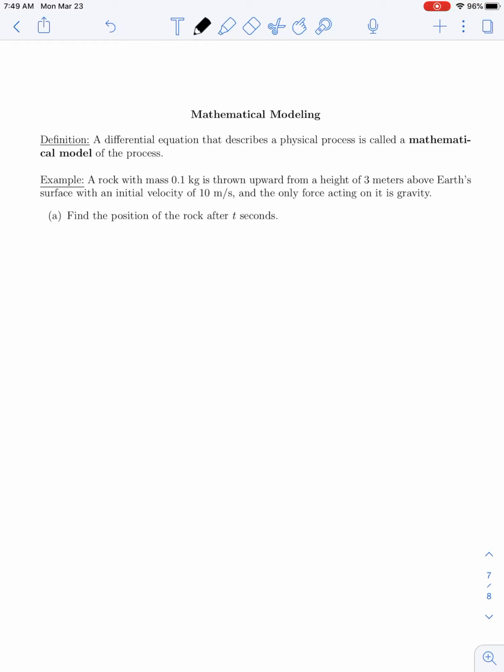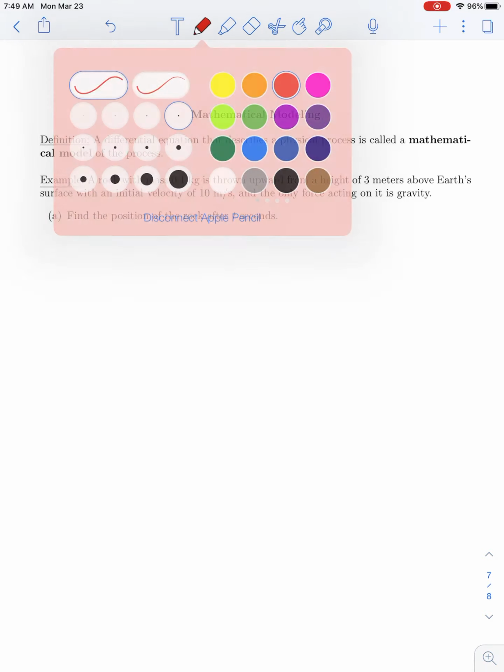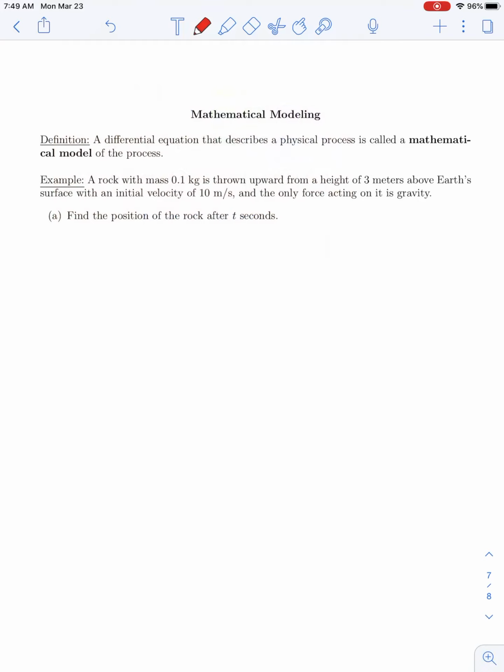So let's describe, well, what exactly is a mathematical model? And typically, a mathematical model involves differential equations. So any differential equation which describes some physical process is called a mathematical model of that process.